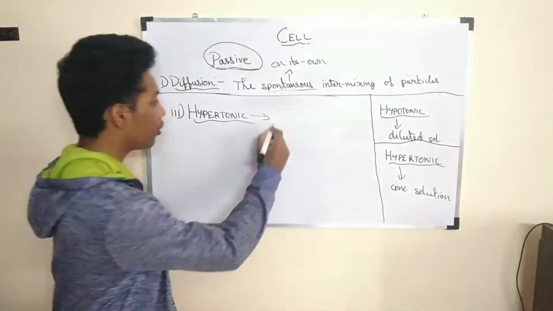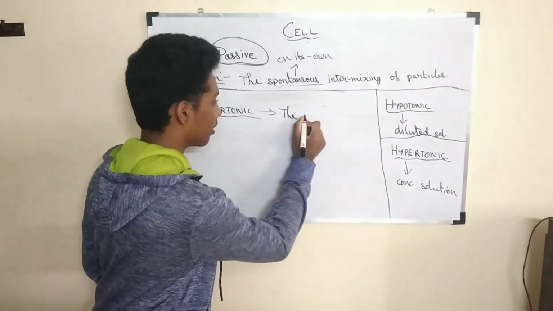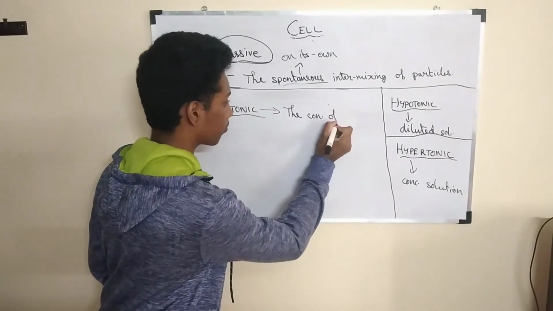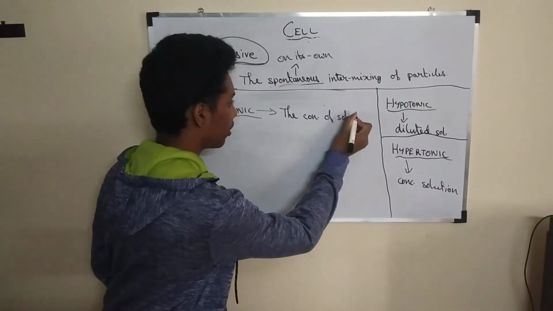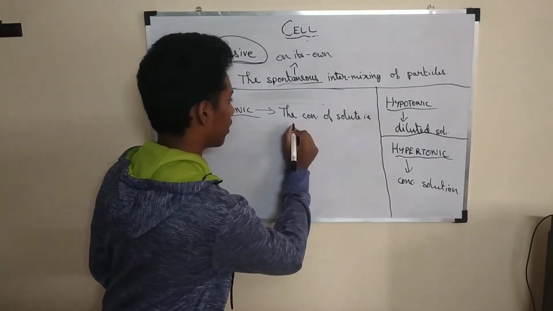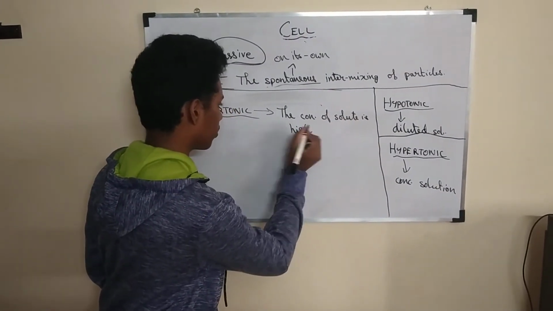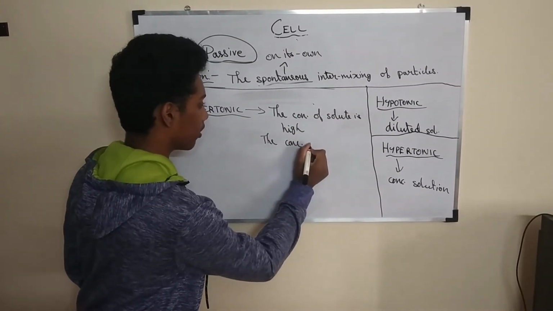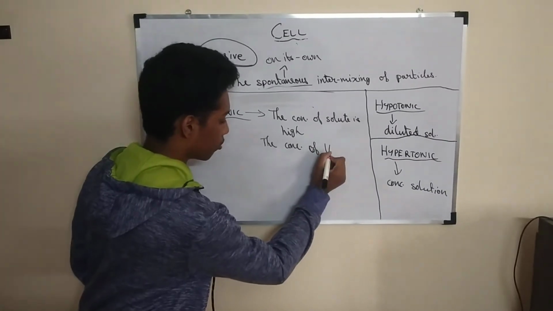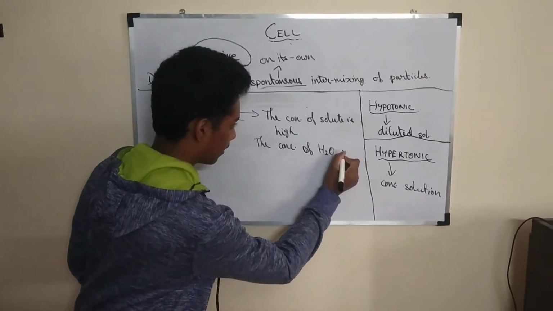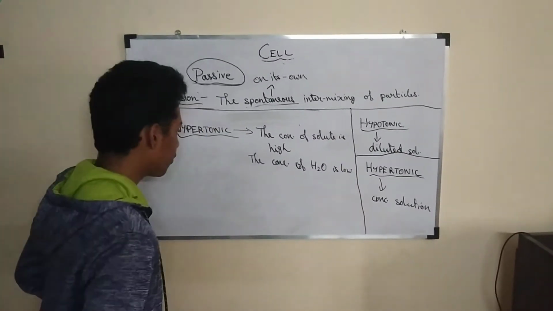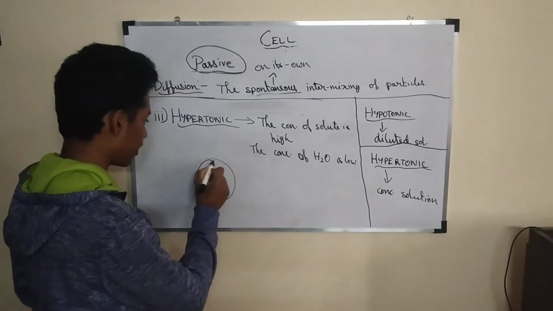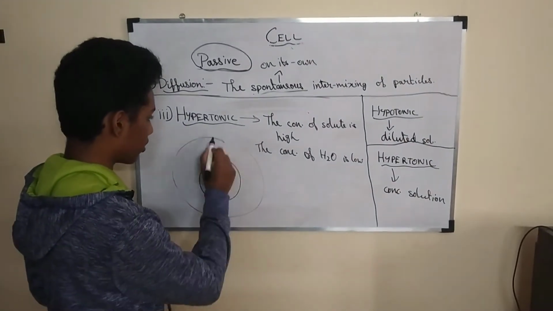So the concentration of solute is high, so the concentration of H2O is low. Let's say this is again the cell and this whole thing is the solution, right?